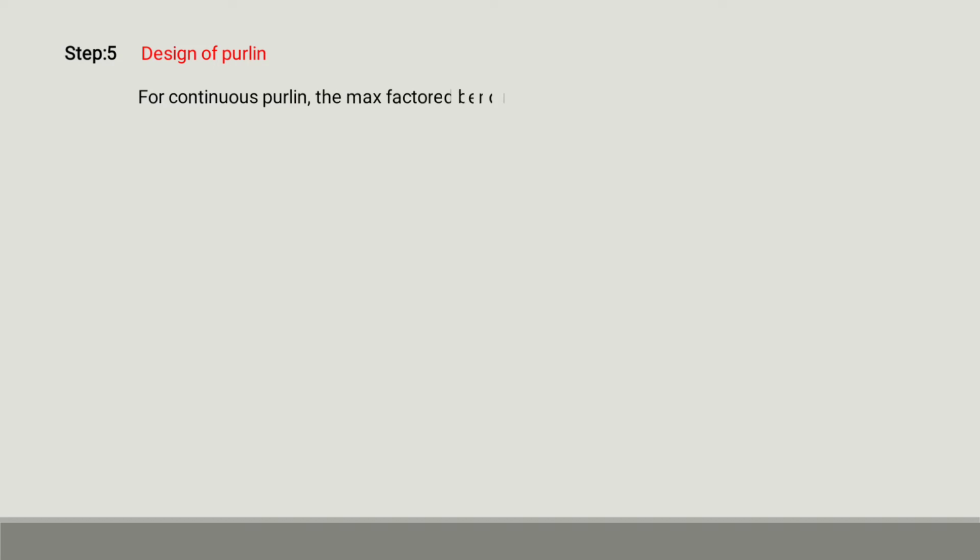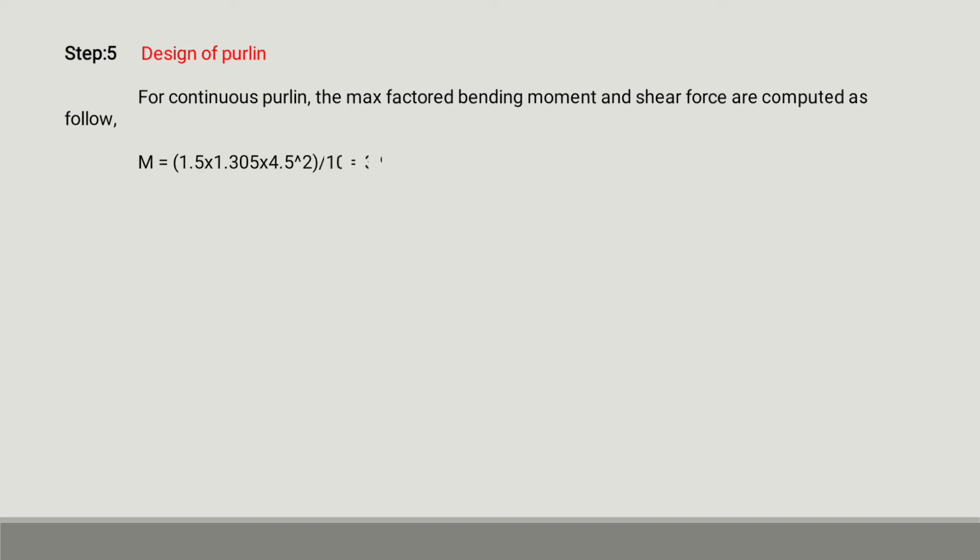Step number 5, design of purlin. For a continuous purlin, the maximum factored bending moment and shear force are computed as follows. M is equal to WL square by 10. Here 1.5 is the load factor, 1.305 is the load W, and 4.5 is the length.